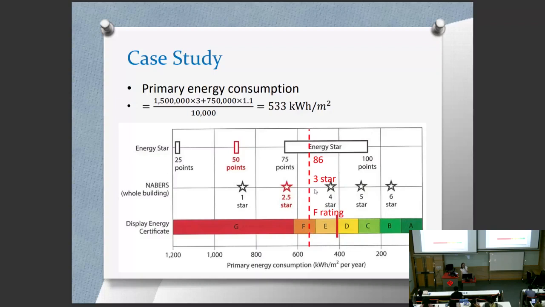But according to Australia, 3 star. For the US, high rating, 86. So this is to explain the difference of requirements among the energy labeling schemes for buildings in different countries. I know you are tired, so let's take a break and then we will continue after the break.